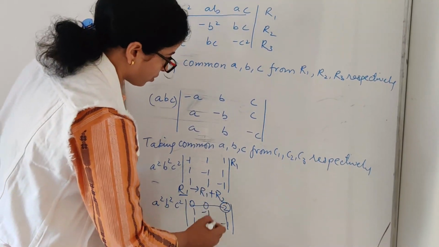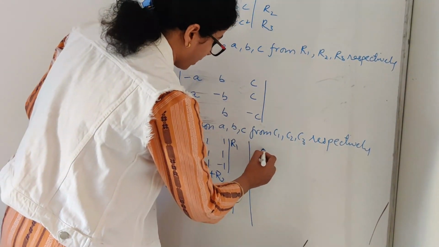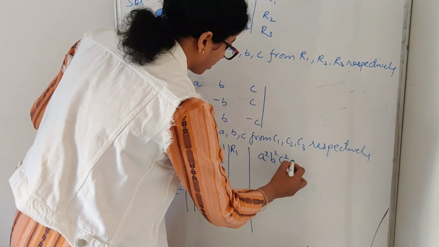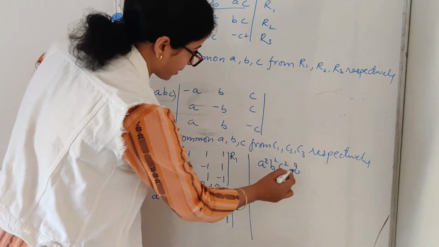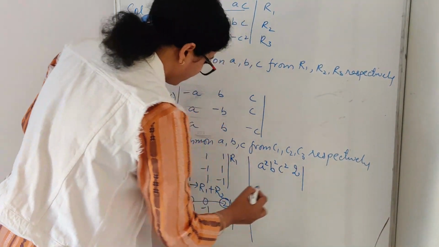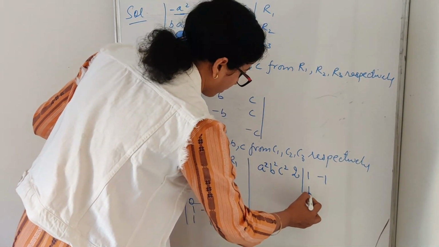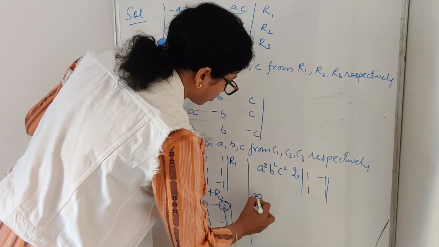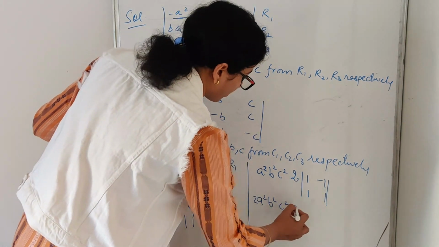So basically, a square, b square, c square, and 2, this is the element 2, right? Whatever is the element has to be written, and the determinant left out is 1 minus 1, 1, 1. So 2a square, b square, c square, multiplied by the determinant.